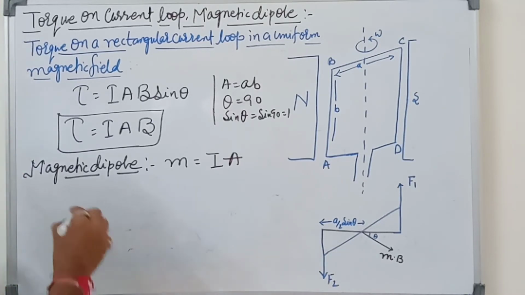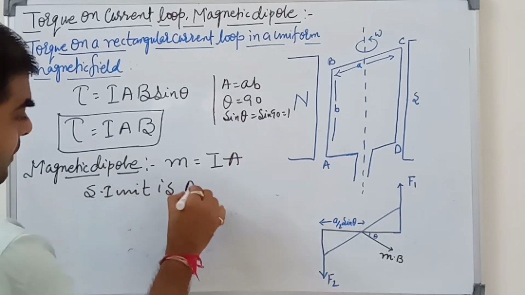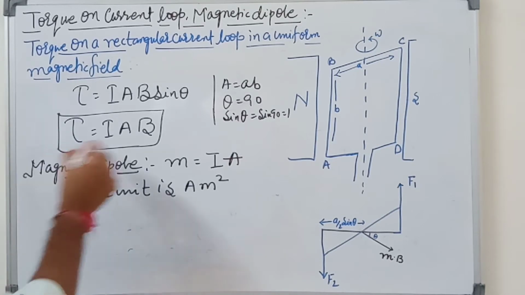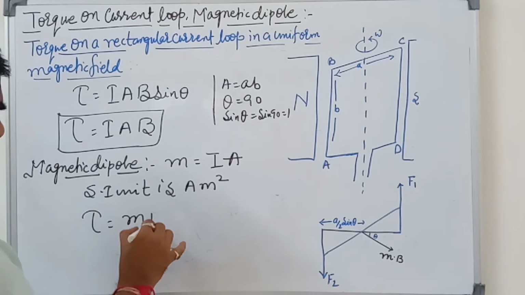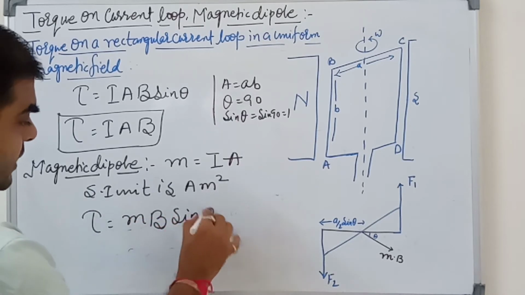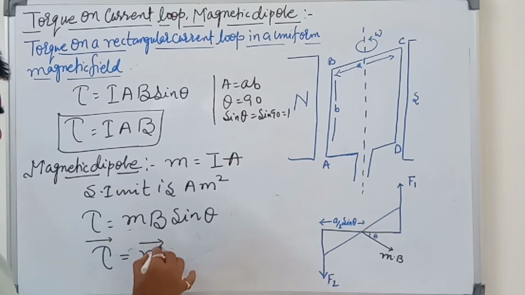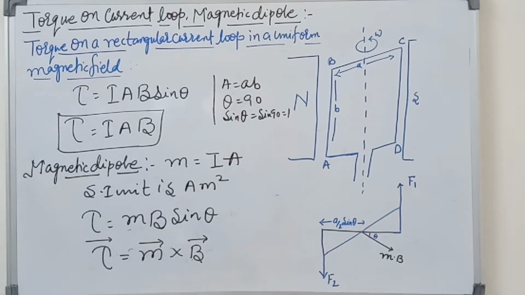And the SI unit is ampere meter square. Now putting the value of torque, tau is equal to mB sin theta, and in vector form tau is equal to m cross B. Write down, all of you.